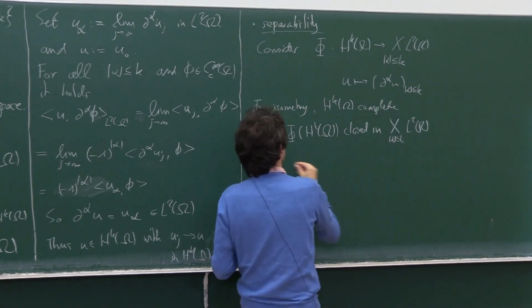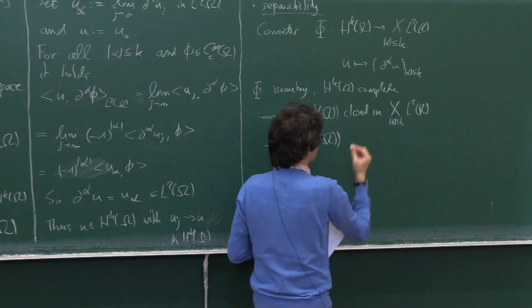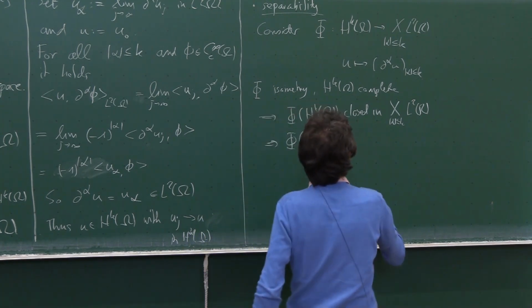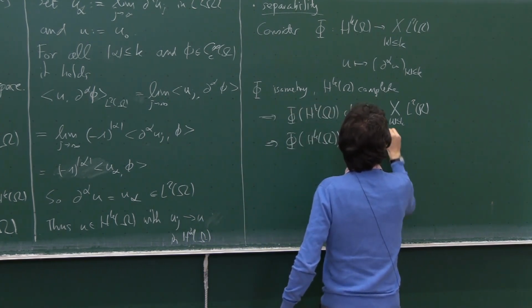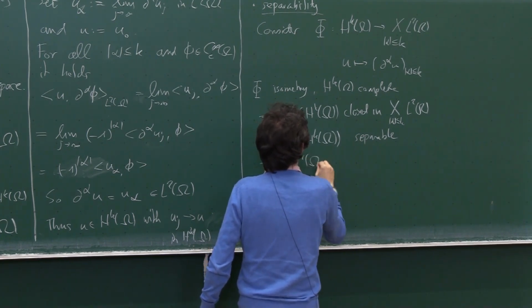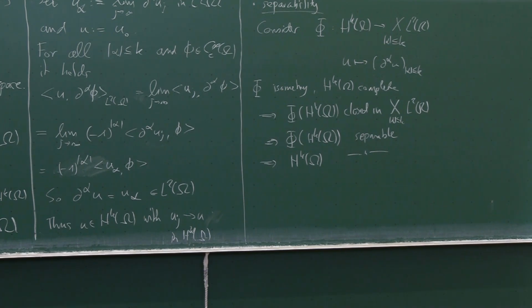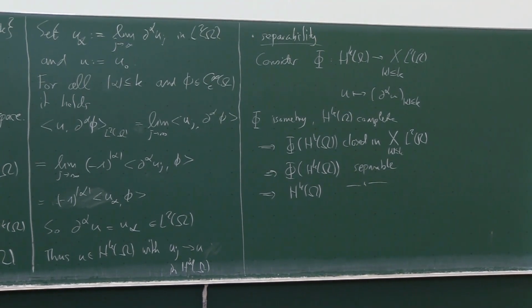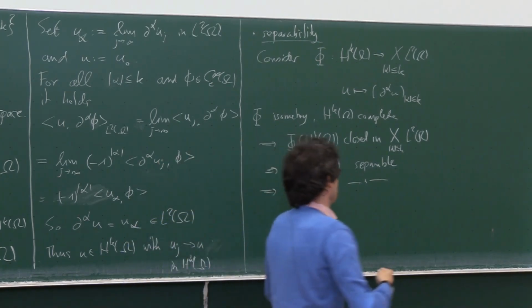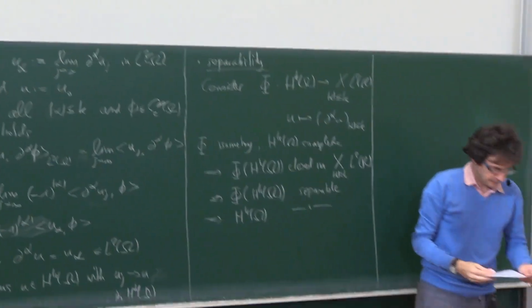But this means that this image, as a closed subspace of a separable Hilbert space, is itself a separable Hilbert space. So this is separable. Yeah, but phi is an isometry, so Hk also is separable. Okay, so in this way we can inherit the separability of L2 to the Hk spaces.